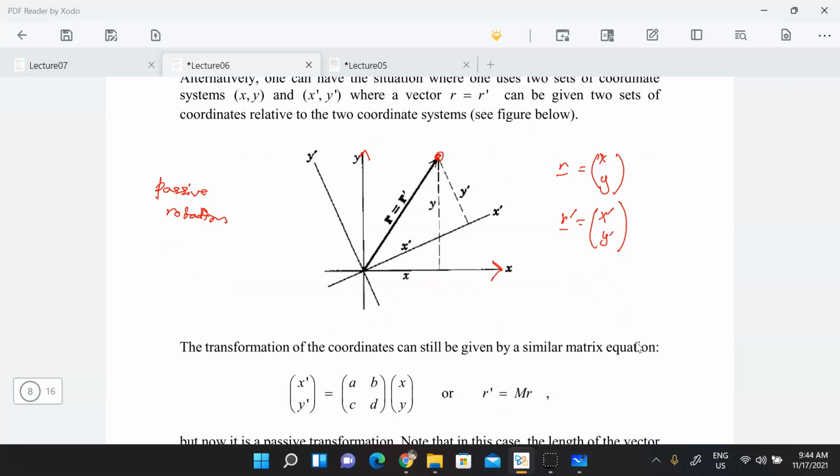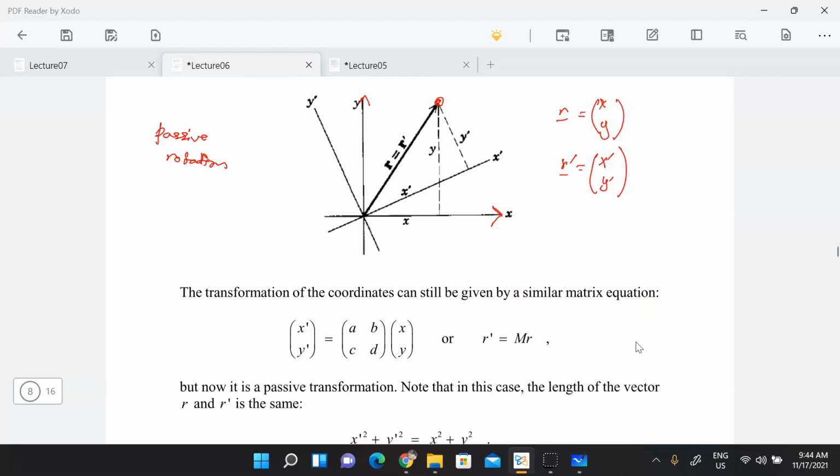In that context, you can have the same kind of matrix equation again. You have x dash, y dash corresponding to this new coordinate axis. You cannot see my cursor, so I probably have to highlight where I'm pointing. That gives you the coordinates there, and the equation that defines the rotation, the coefficients there, and then the original coordinate vector.